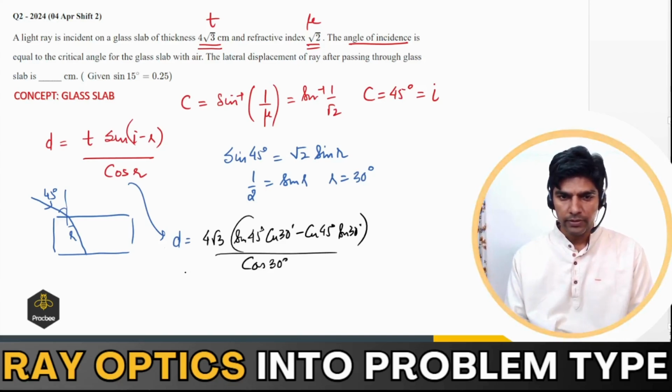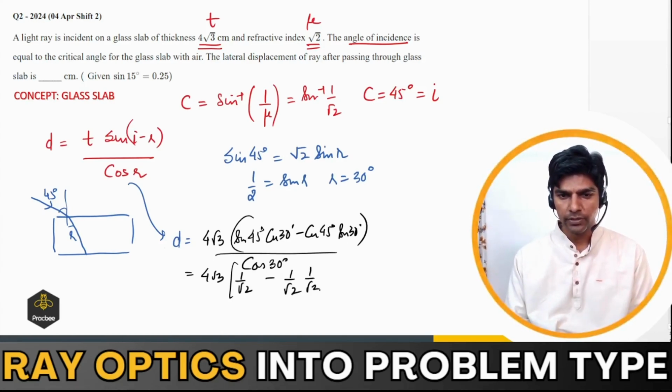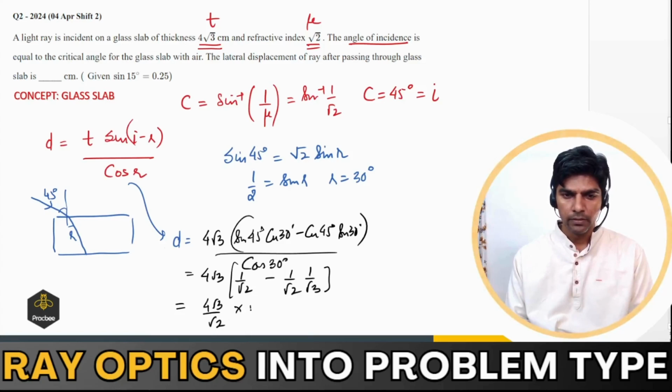So let us simplify this. So 4 root 3 times 1 by root 2 minus 1 by root 2 times tan 30, which will be 1 by root 3. So this comes out to be 4 root 3 by root 2 times root 3 minus 1 divided by root 3.